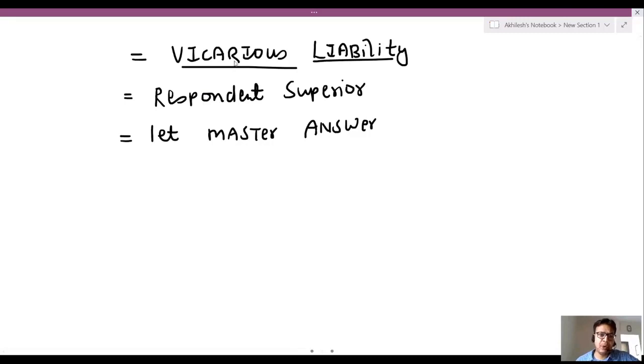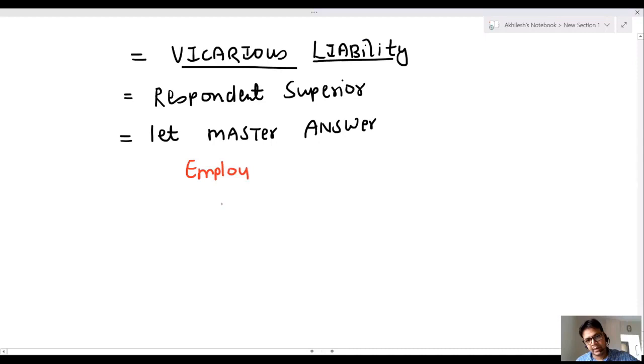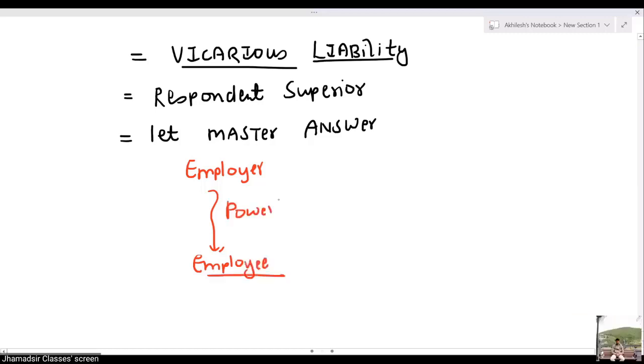Say you are an employer, and some employee is working under you, under your power and scope.